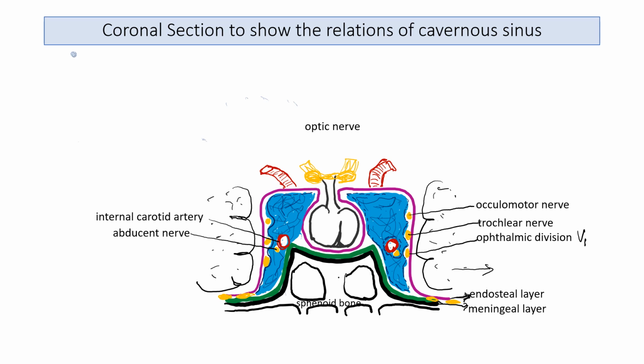The venous pressure increases, the back pressure increases the arterial pressure, and because of that there is decreased perfusion, and that leads to infarction, which is called venous type of infarction. Remember, because of the increased venous pressure in the cavernous sinus, there is a back pressure that increases the pressure in the arteries and leads to infarction, and this kind of infarction is called venous infarction.